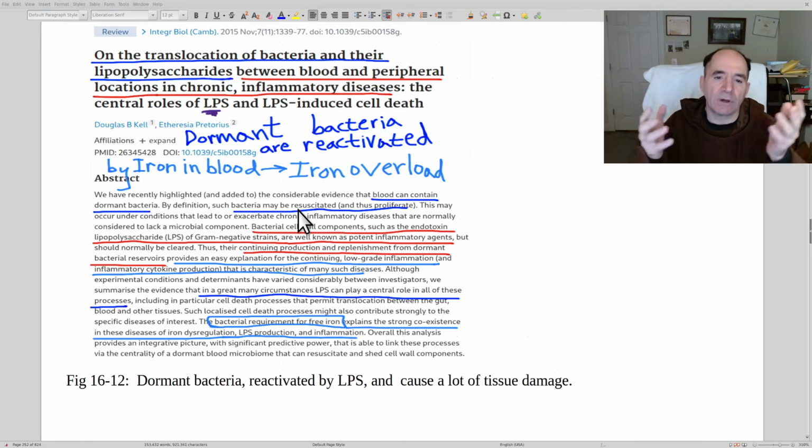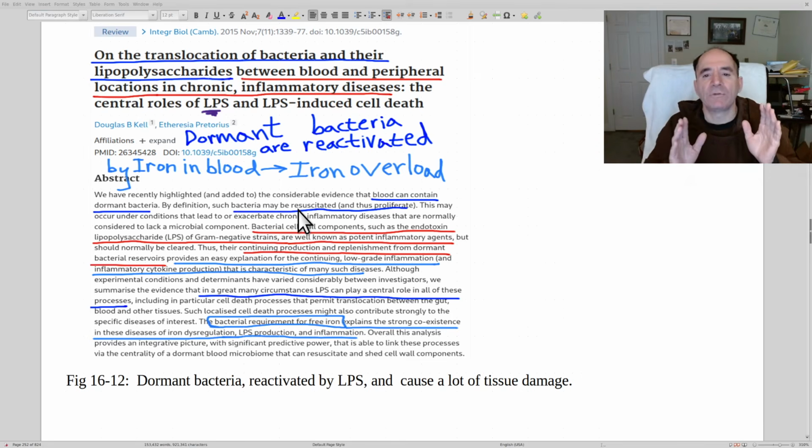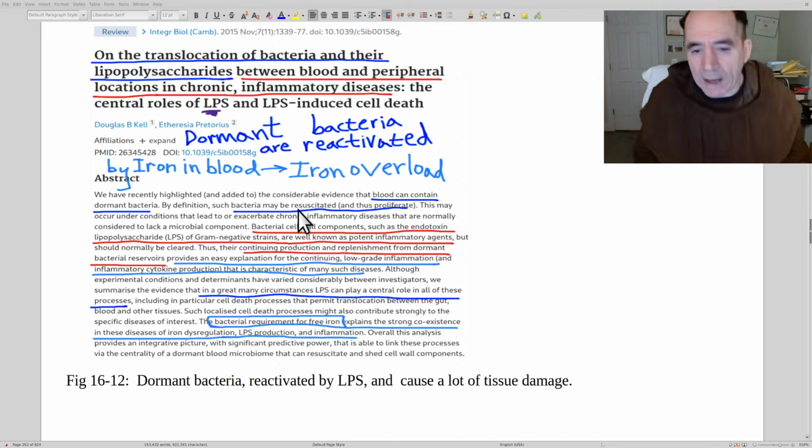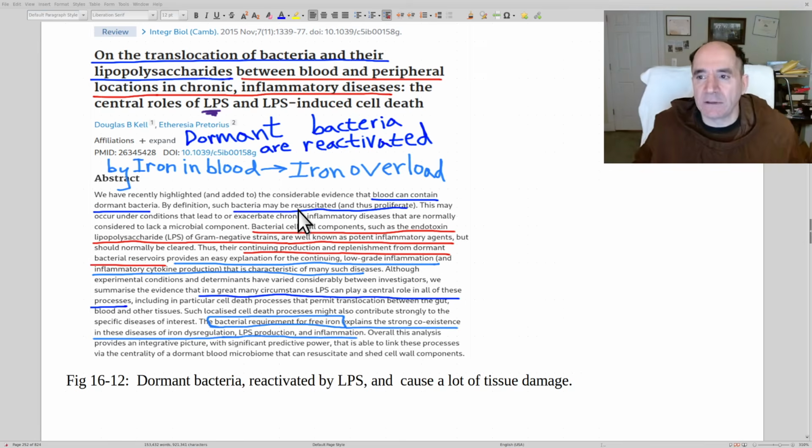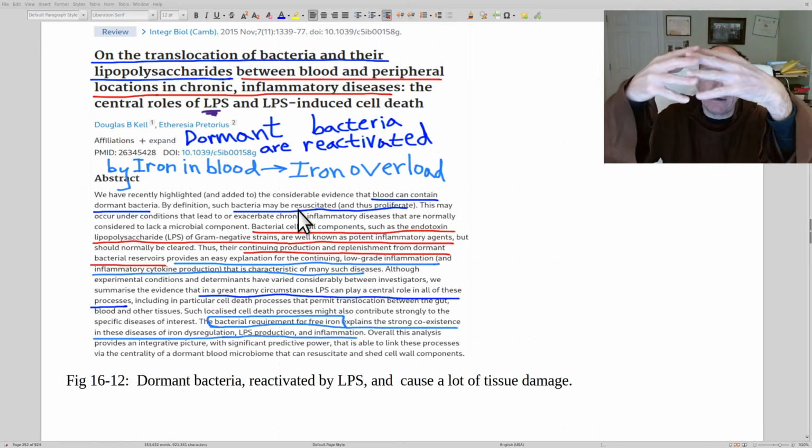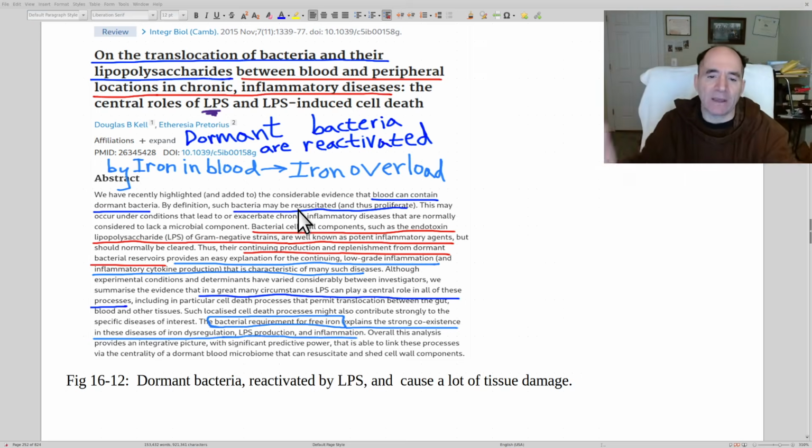But if you ingest a highly iron-concentrated meal, or if you have iron leaking into the blood for some other reason, let's say a liver injury, where dead liver cells release iron into the blood, that can reactivate these dormant bacteria. When reactivated, these bacteria can release their LPS, and that can be prothrombotic. And as I said earlier, if the patient has a lingering viral infection, a viral-related process, that can cause this amyloidogenic clotting as well.